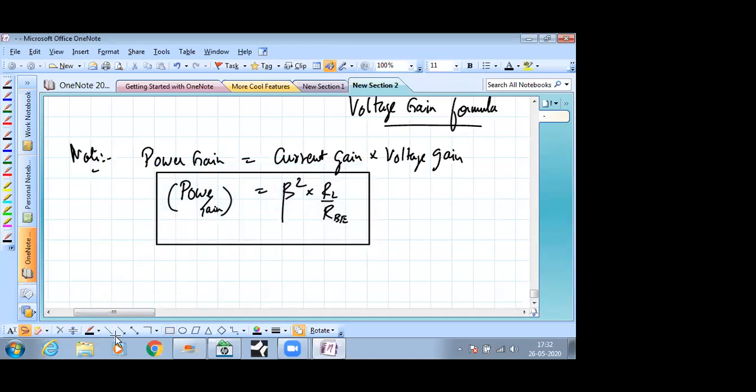So these are the important formulae for the amplifier circuit. This is the working principle for amplifier.